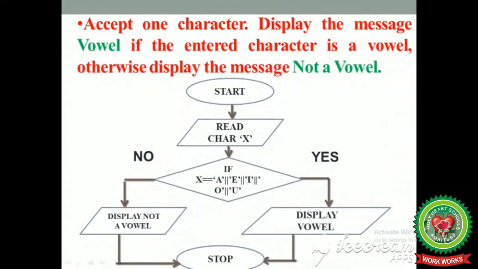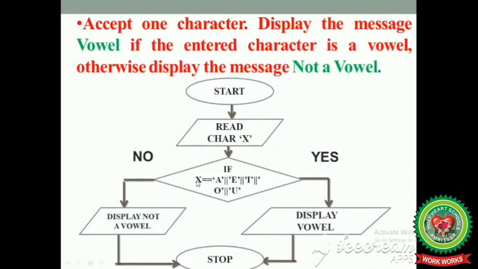If the entered character is any one of the characters, that is A or E or I or O or U, then it will display the result vowel. If the X value is not a vowel, means the condition is false, means no, then it will display not a vowel. Then draw the flow lines again, and at the last write down stop in the start stop box.